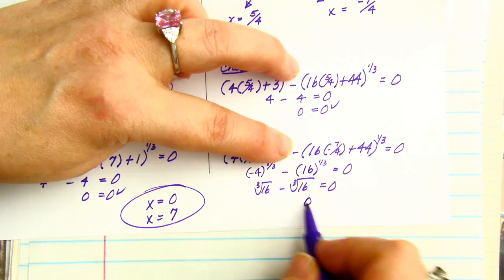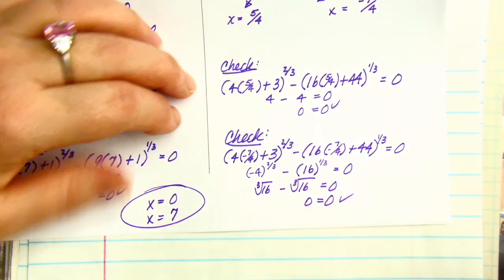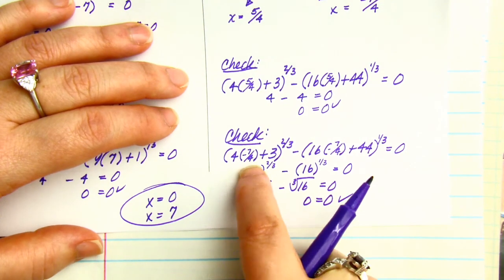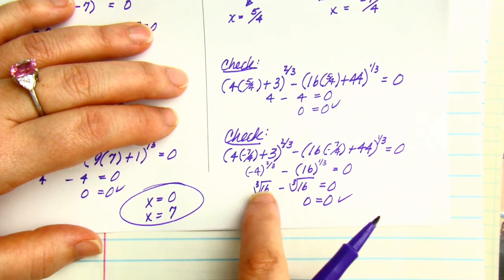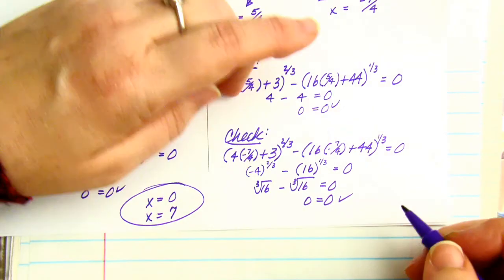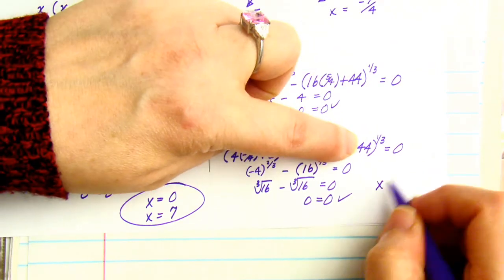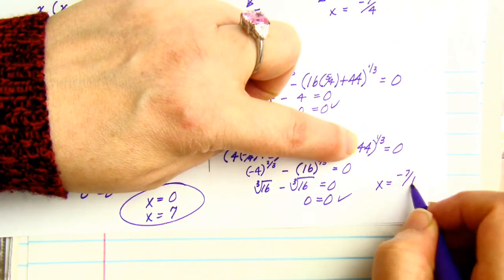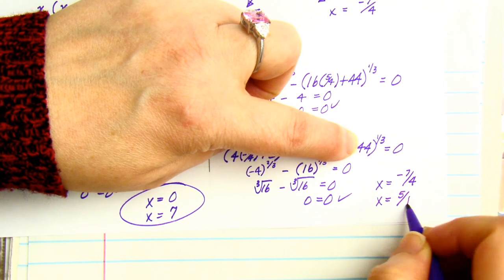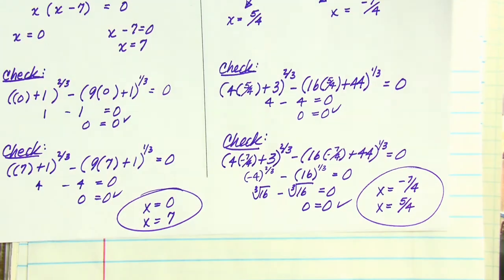And that does equal 0. Okay, so I just converted it, right? The negative's on the inside, so the squaring applies. That's positive 16. So that's the cube root of positive 16 minus itself. It does work. So because they both work, I conclude that x is equal to negative 7 over 4 and 5 over 4. But again, you must check them. If you have questions, please, please ask.